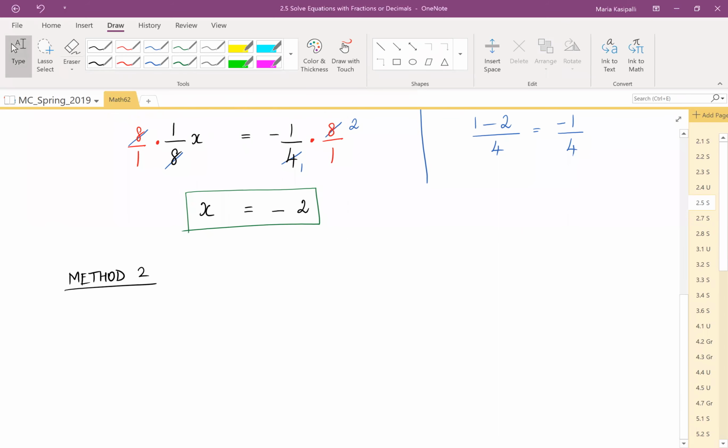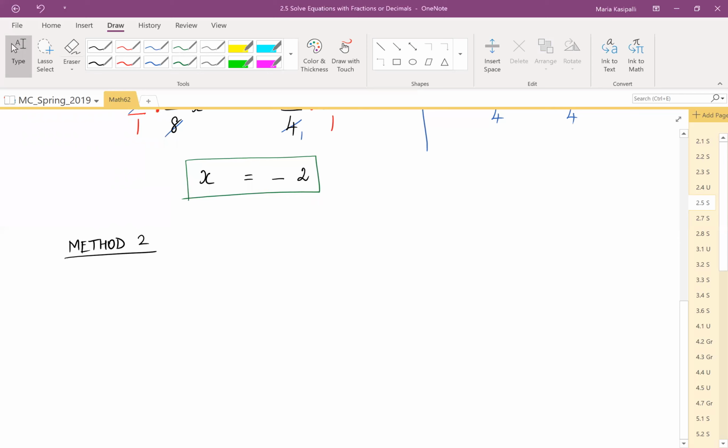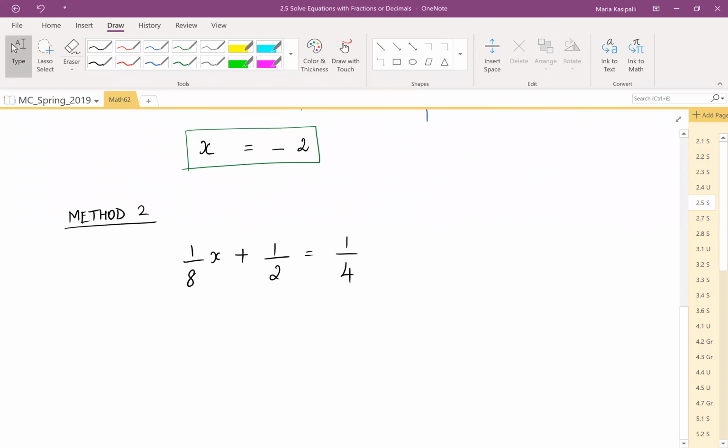So this method is the clearing fractions method. Let me copy the question again. 1 over 8x plus 1 over 2 equals 1 over 4. Clearing the fractions requires us to clear the denominators, because the problem in fractions is the denominator hanging in there.